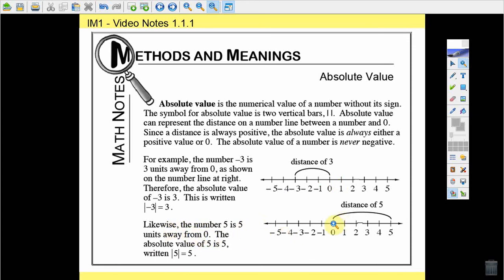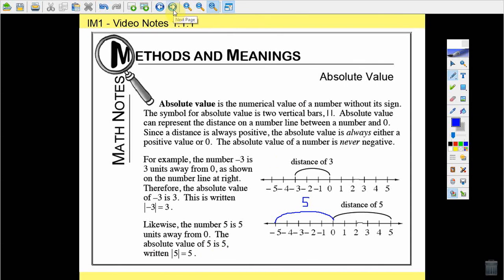The distance from +5 to 0 is 5 units, and the distance from -5 to 0 would also be 5 units. So in this case, the absolute value of 5 is 5, and the absolute value of -5 would also be 5.